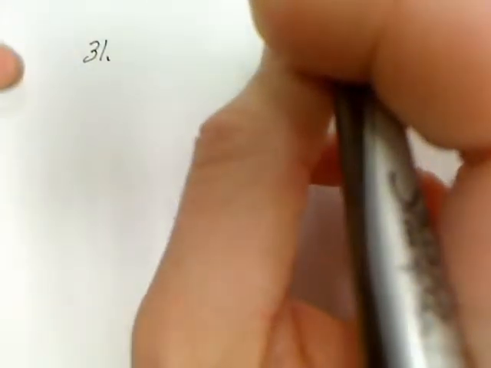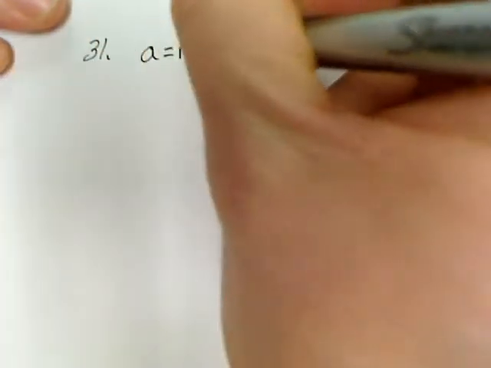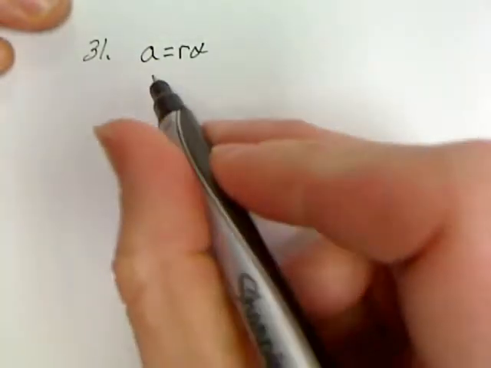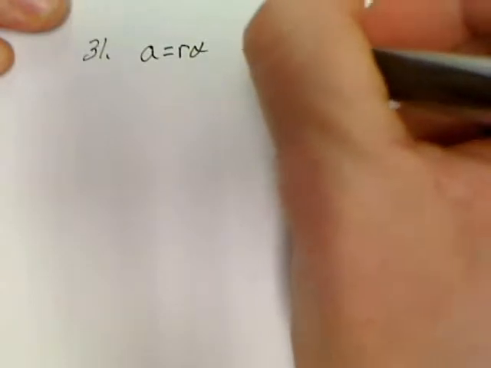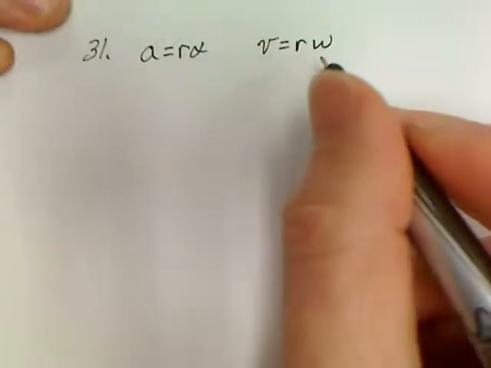Number 30. Equations for tangential acceleration and velocity. a is equal to r alpha is your relationship between a and alpha. v is equal to r omega, your relationship between angular velocity and v.